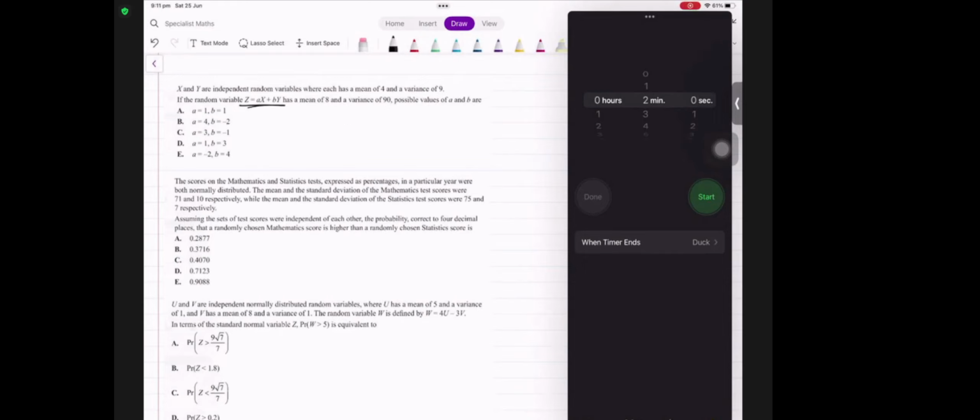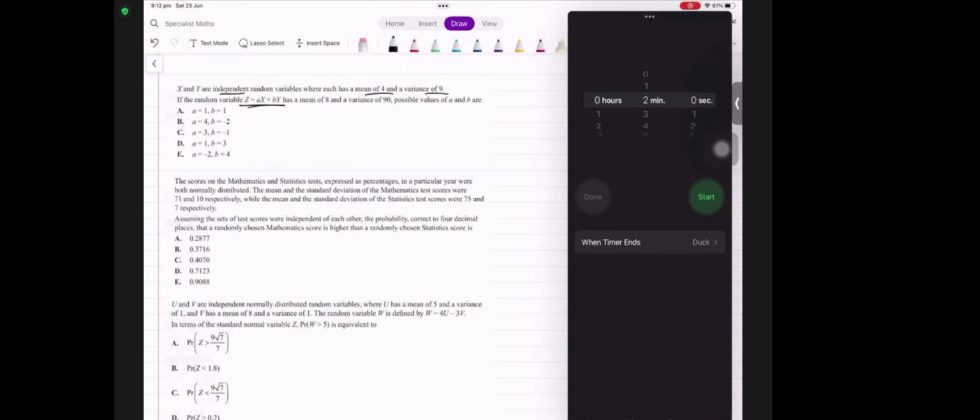Here's one of those questions where they already define how the variable differs based off other variables. So quickly here, x and y being independent variables, each having a mean of 4 and a variance of 9.